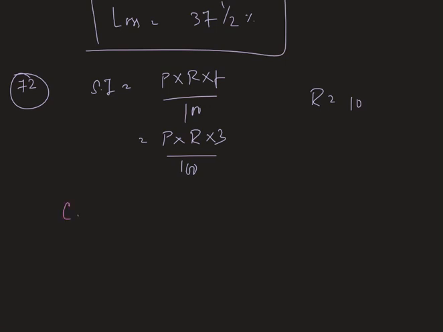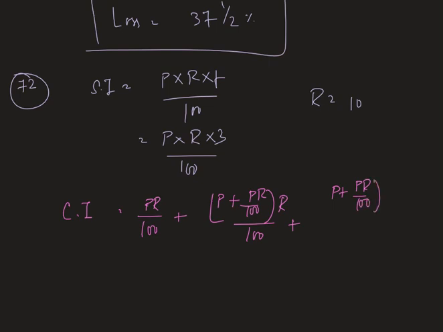And the compound interest for 3 years is PR divided by 100 plus P plus PR divided by 100 into R divided by 100 plus P plus PR divided by 100.